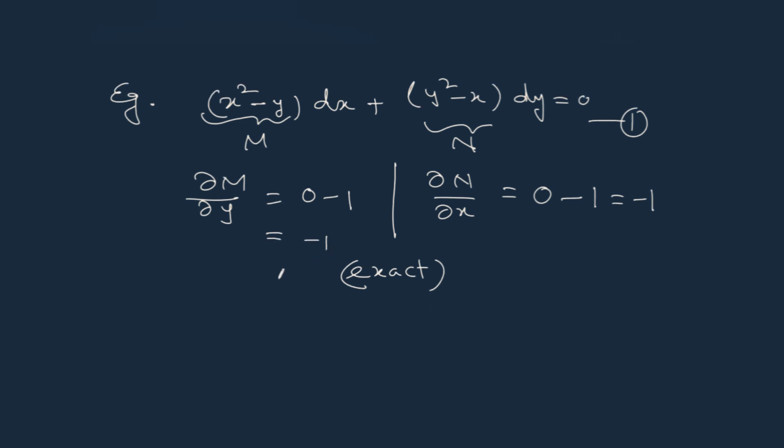Okay, since equation 1 is exact, there exists a function, let's say phi of xy, such that equation 1 can be written as d phi equals 0, or phi of xy equals c. c is nothing but the integrating constant.